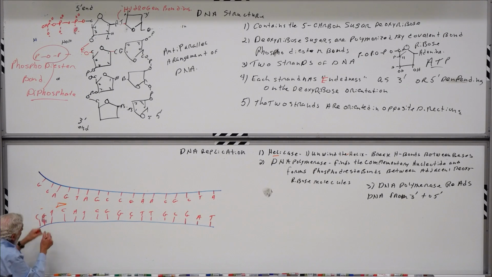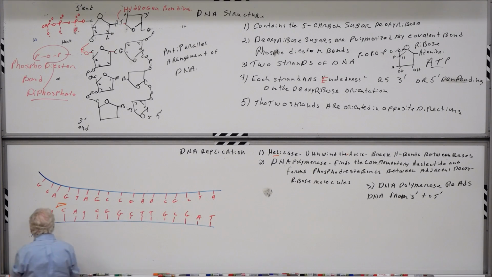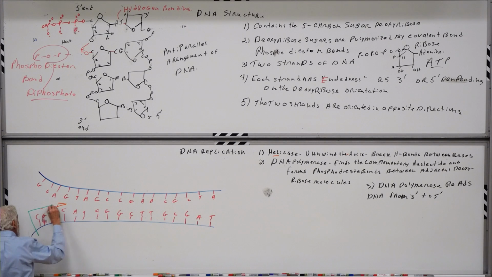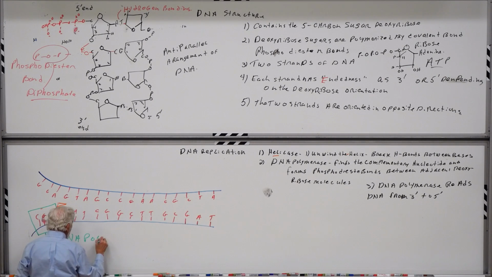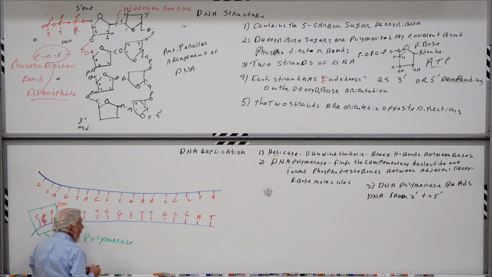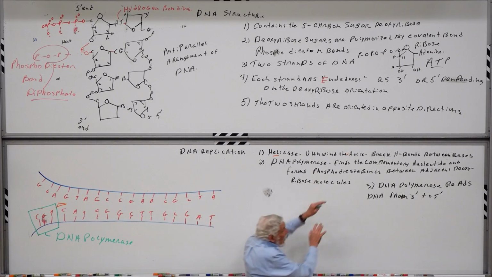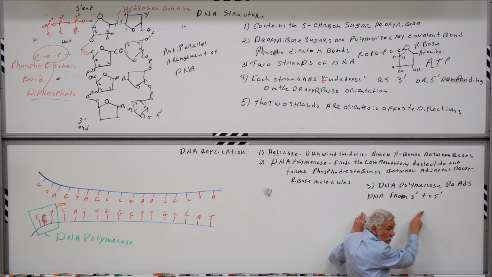Then as the two strands are separated, the next character in the play comes along. This molecule is said to be DNA polymerase. Now remember, I said the DNA polymerase has to read the strand 3' to 5'.